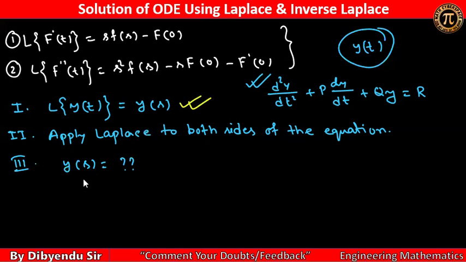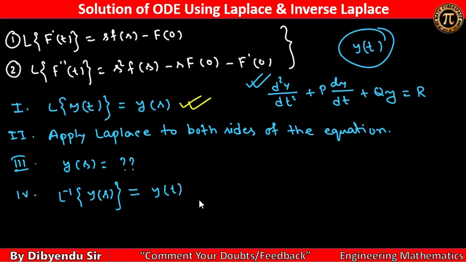So step number 4: you have to apply Laplace inverse on Y(s). Obviously all these steps are in equation form, so you apply Laplace inverse to both sides of the equation. So here you will get y(t). Clear? So these are the 4 steps.